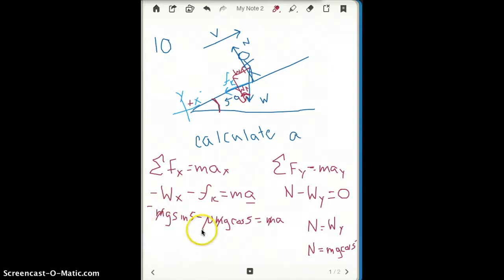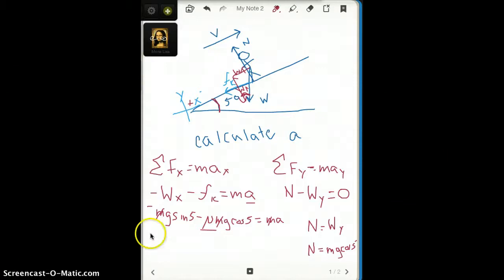So we need to look up this mu value to be able to continue the problem, but we know g is 9.8, the sine of 5 is a number, mu is some known value in a table, so we have enough information here to actually find the acceleration of the snowboarder up the ramp.